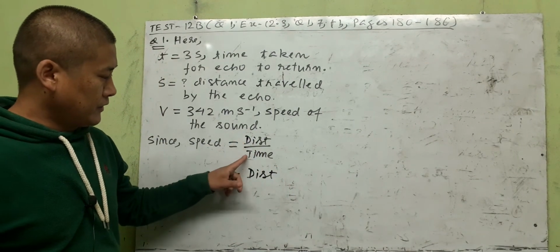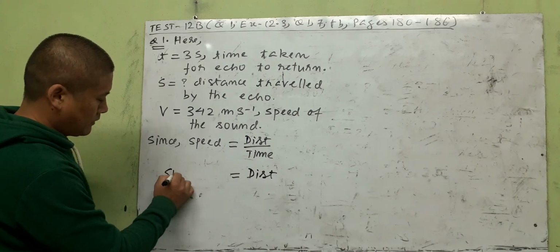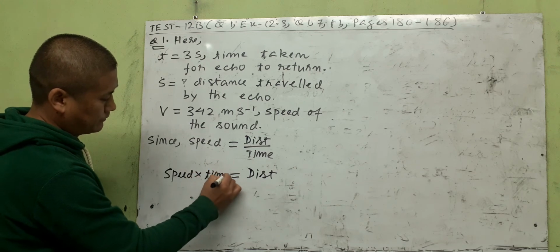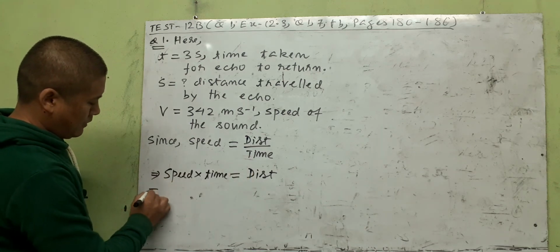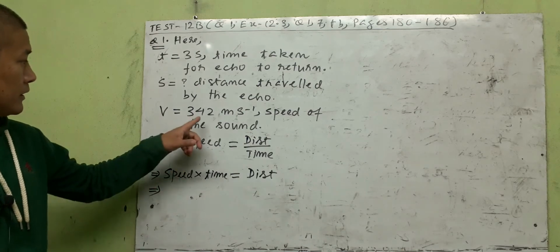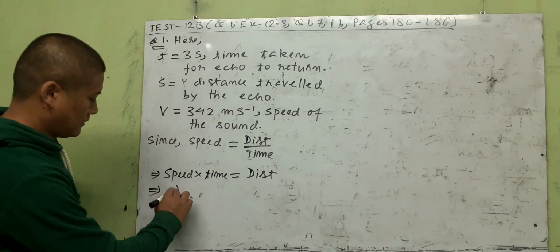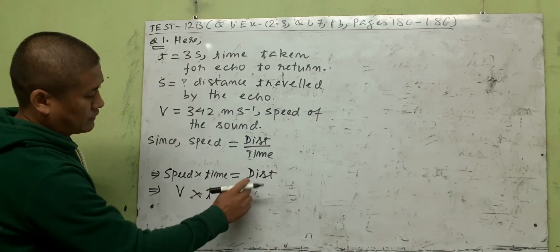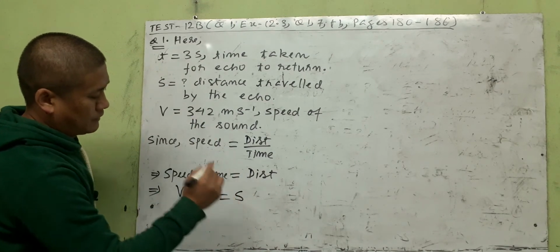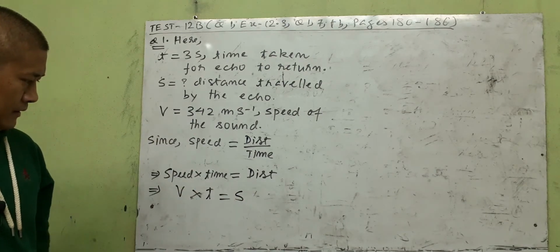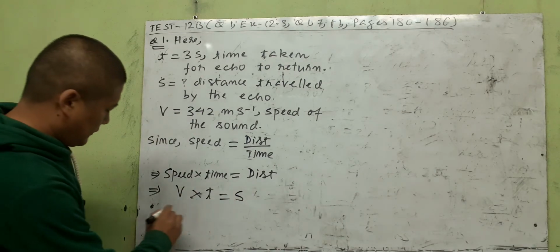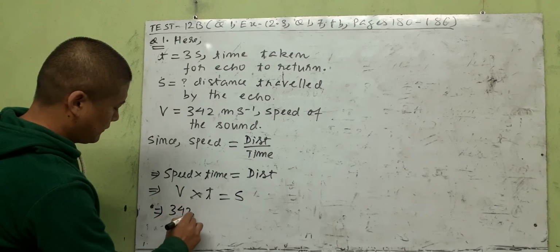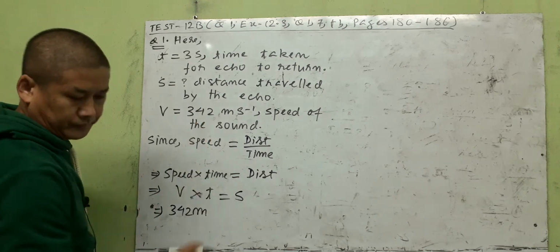So don't move the numerator. If you shift this denominator, it will go up to the numerator and multiply the speed, so time will go up, this time. After that, we can transfer it to speed. Here we have taken V for speed, a small t for time in our question, and distance traveled by the echo as S. So once we get that we can just replace the values, that's all, 342 meter per second.